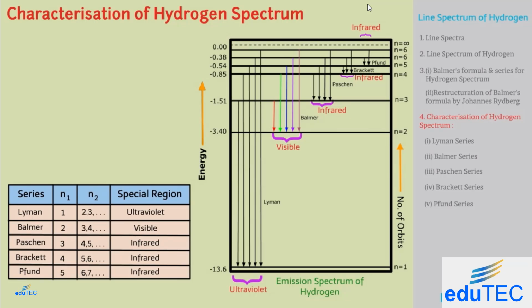Note that the number increases, but due to the negative sign, the value decreases. When an electron jumps from a higher energy state to a lower energy state, it radiates energy in the form of electromagnetic waves. And so we get line spectrum.